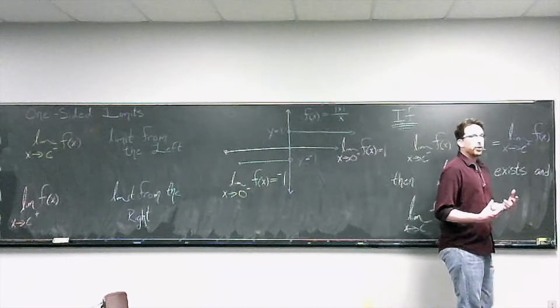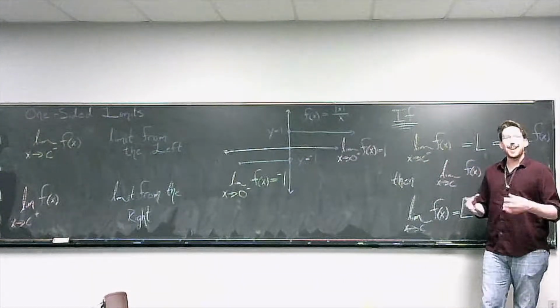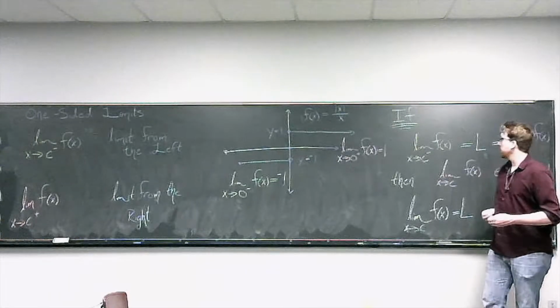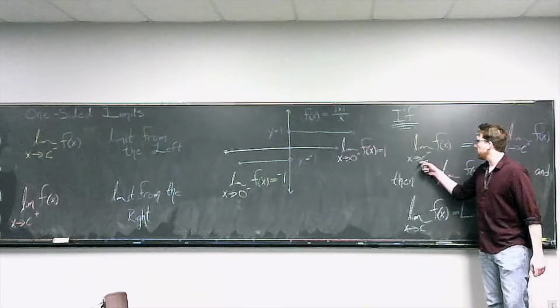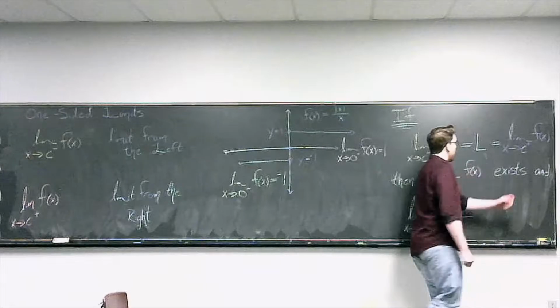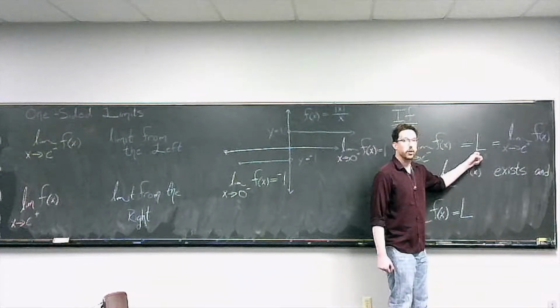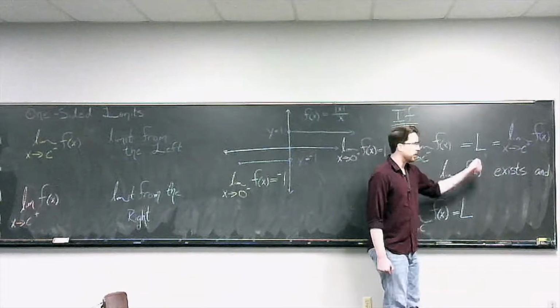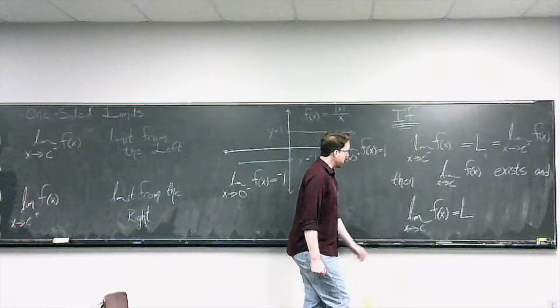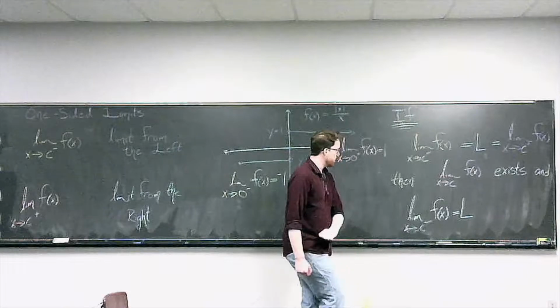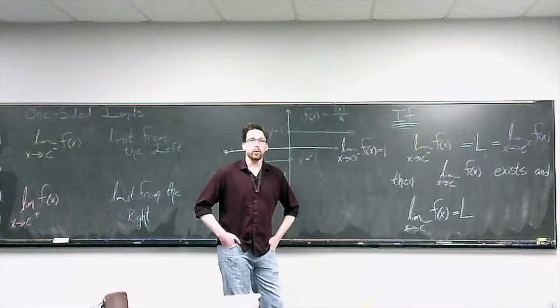Because it requires two things to be true and equivalent. It requires the left limit and the right limit both to exist and to be equal to each other. And in that case, we say the limit is equal to that value.